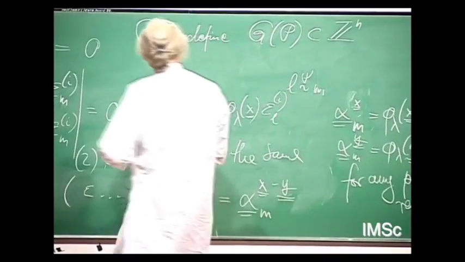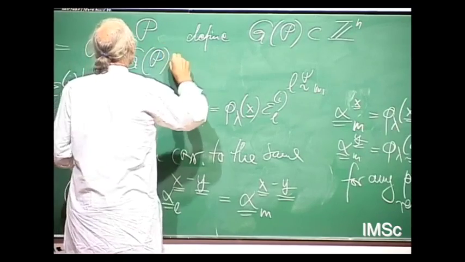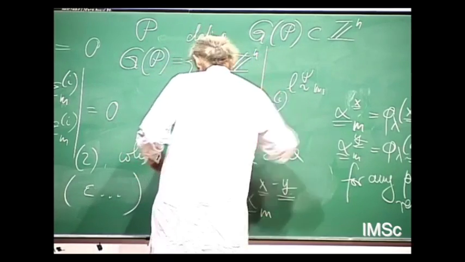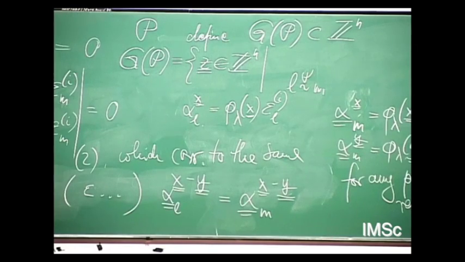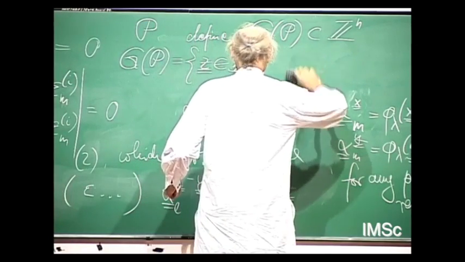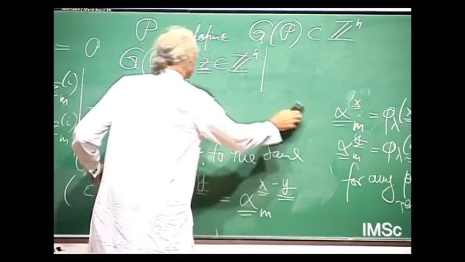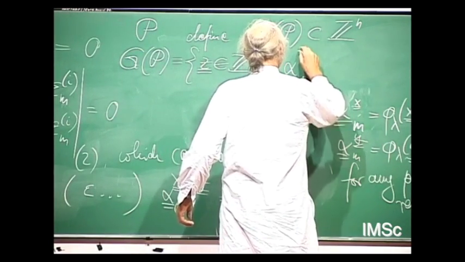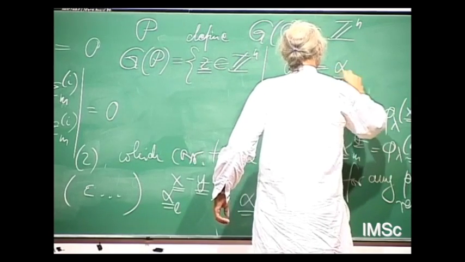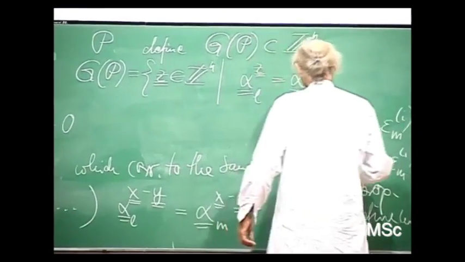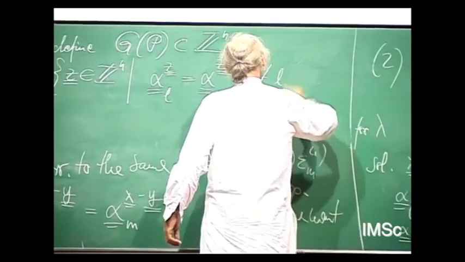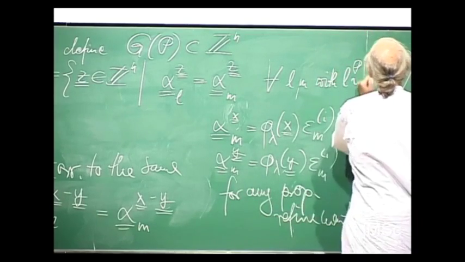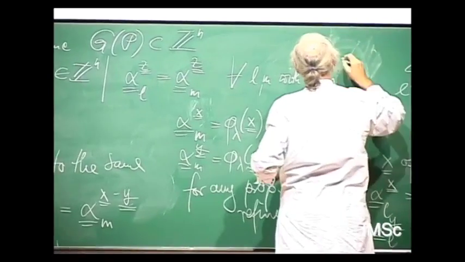G of P consists of the set of z in Z to the N satisfying the following relation: alpha L to the z equals alpha M to the z for all pairs L and M that are in relation.